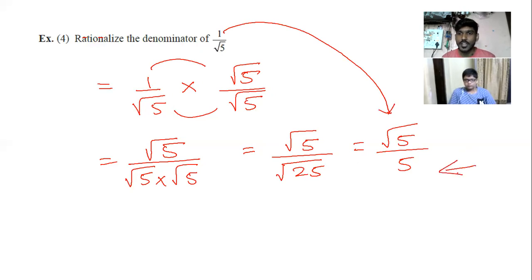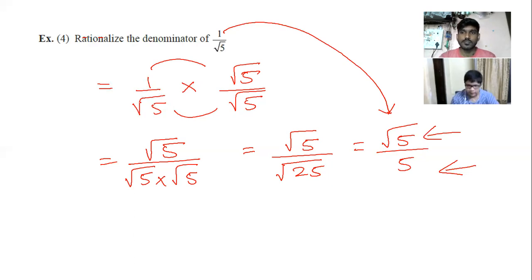The denominator now has a rational number. It's okay if the numerator has an irrational number, but we are rationalizing the denominator only. Did you understand this? So to rationalize the denominator, you multiply and divide with the same surd that is in the denominator. Is it clear?